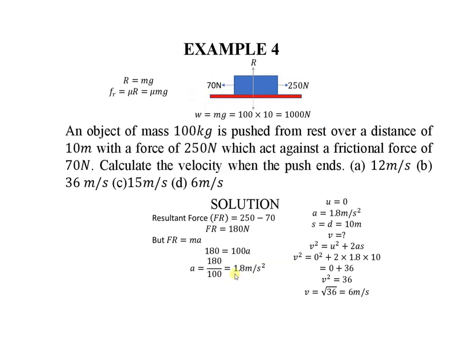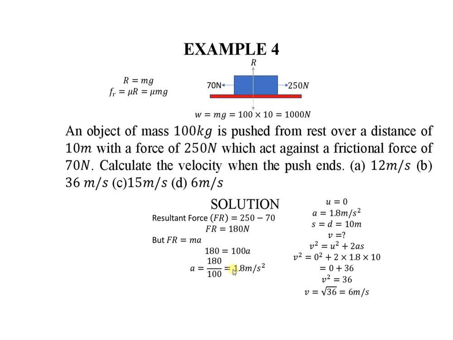Now let's look at another example. An object of mass 100 kg is pushed from rest over a distance of 10 meters with a force of 250 Newton, which acts against a frictional force of 70 Newton. Calculate the velocity when the push ends.